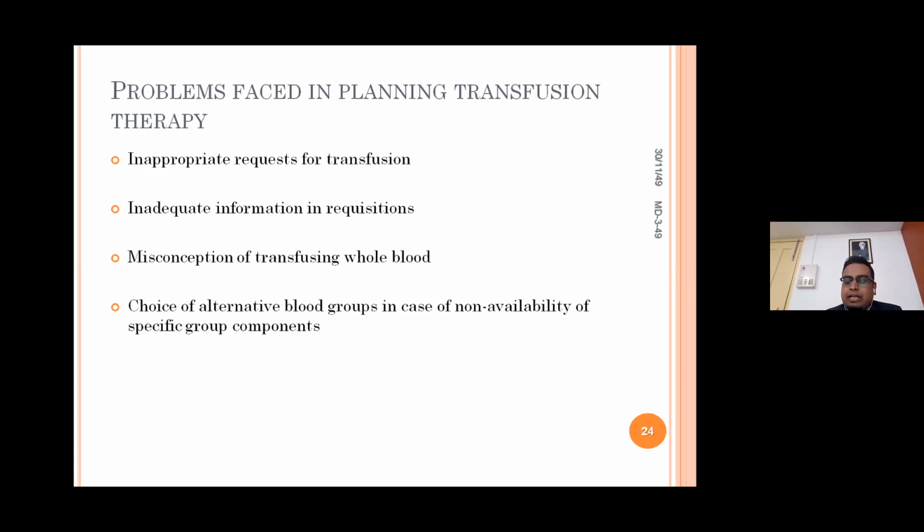The clinicians have to have that much confidence in the transfusion medicine department or the doctors in the transfusion medicine department while planning the therapy when the particular group of components are not present in the blood bank. And the most important thing is lack of communication between the clinician and the transfusion physician.